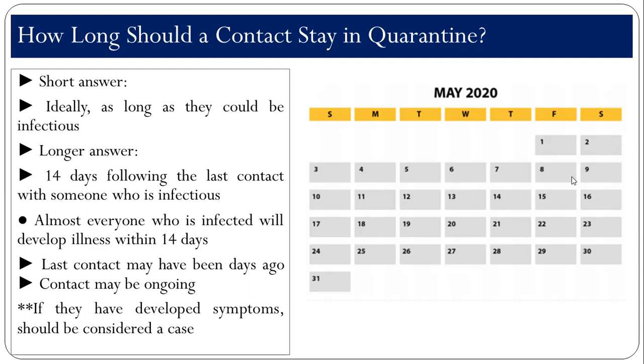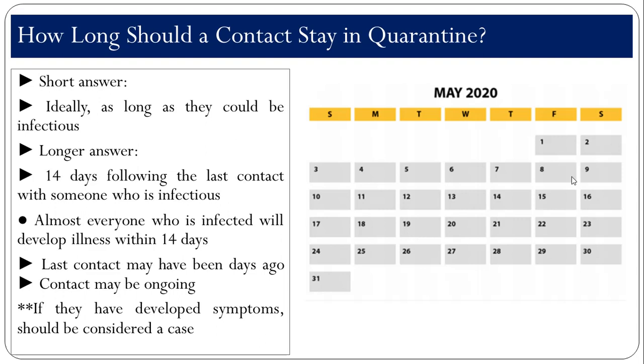Now that you have identified these contacts, you will need to help them calculate how long they should quarantine. So, how long should a contact stay in quarantine or distance themselves from others? The short answer is ideally as long as they could be infectious, which means 14 days since their last contact with someone who is infectious.